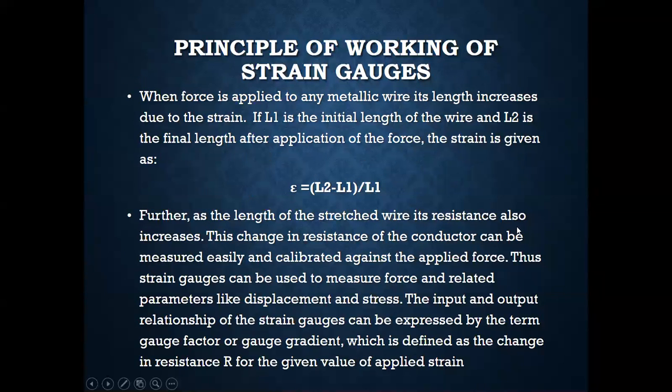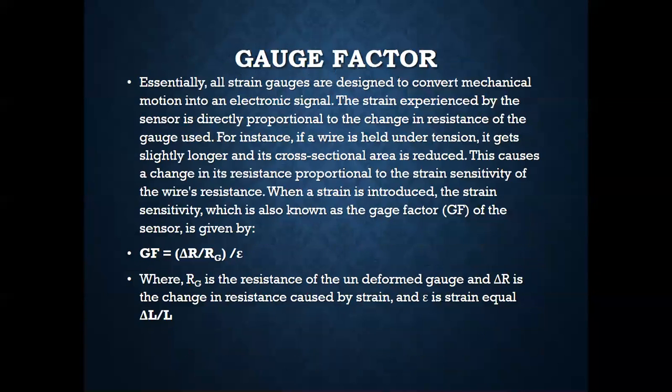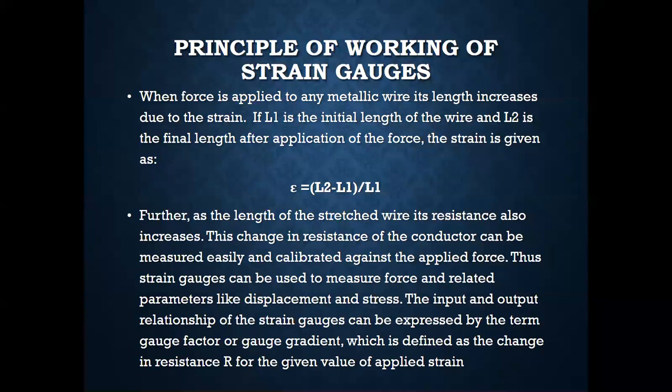The length of the stretched wire increases, and its resistance also increases. When we are applying a tension, its resistance is increasing, so we also consider that in order to find the gauge factor. The change in resistance of the conductor can be measured easily and calibrated against the applied force.